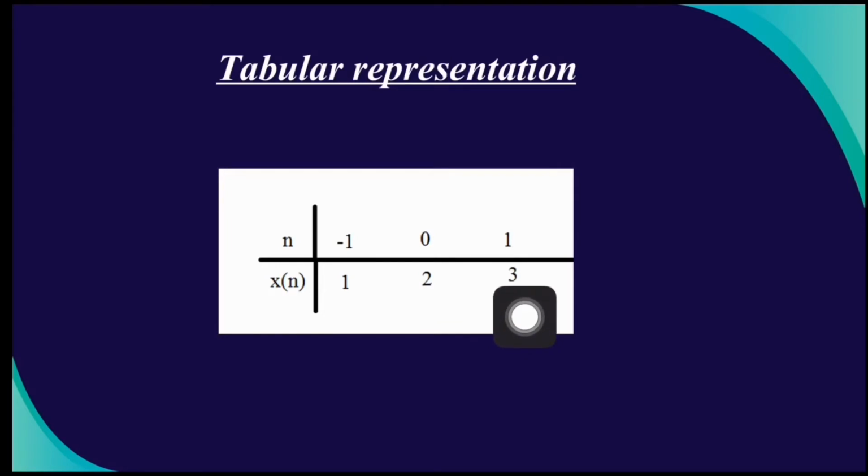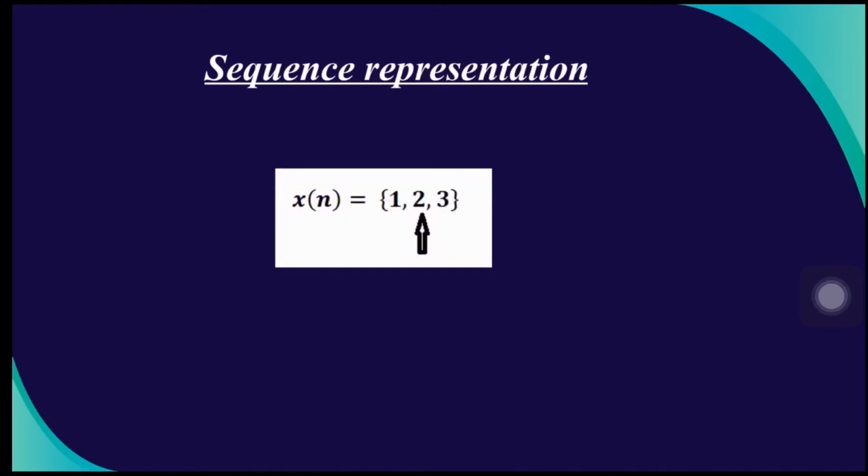Finally, we have sequence representation, where the discrete time signal is represented as a sequence of numbers within a pair of set brackets. The origin of the discrete time signal is indicated by an arrow symbol. You can see an arrow symbol under number 2 here, which means the value of x of n at n equal to 0 is 2, at n equal to 1 is 3, and at n equal to minus 1 is 1.